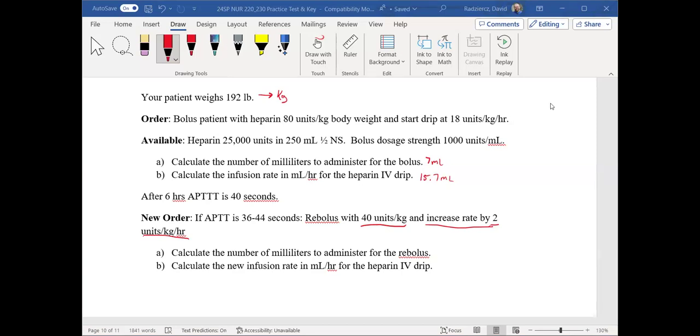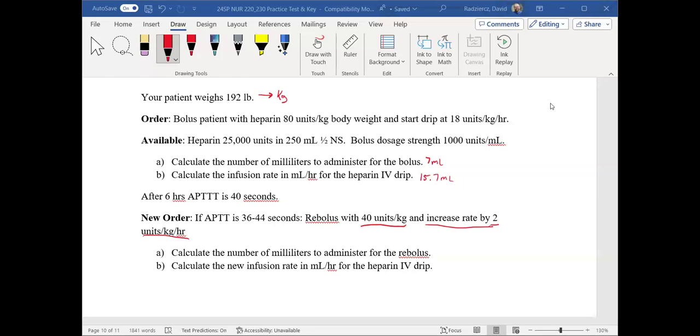I'm confused. When we're doing the rebolus and it says increase by 2 units per kilogram per hour, what are we increasing? The 40 or the... No, what was the original flow rate? Was it 80?